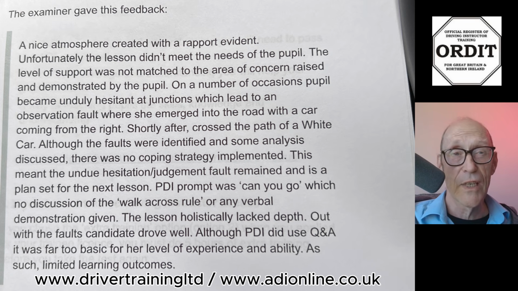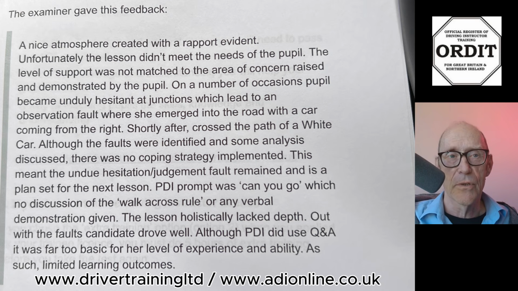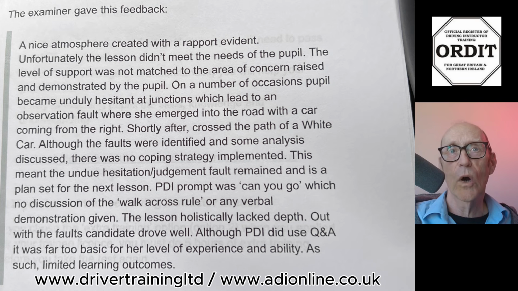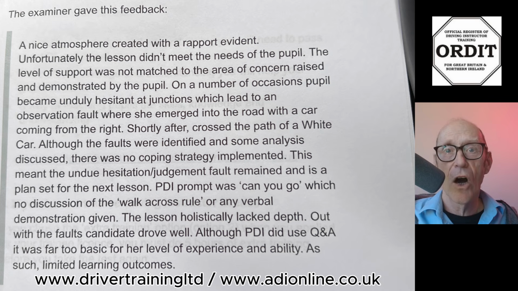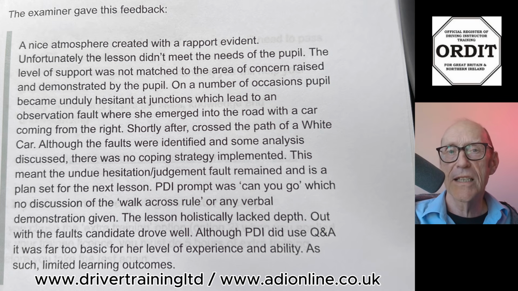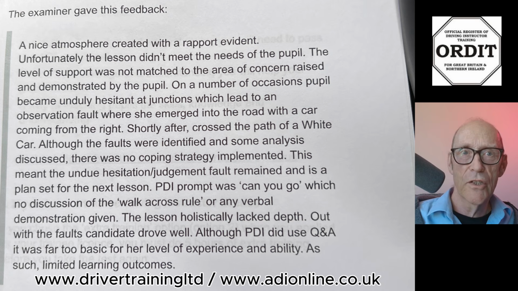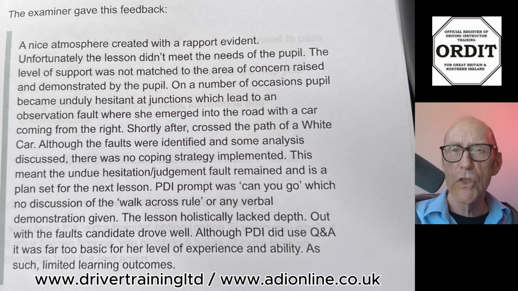Oh, it could cause an accident or cause them to slow down. Whose fault would that be? Great. Interestingly, it then says there was no coping strategy. Now, this is the DVSA buzzword that they like to use. In other words, it means there was no answer. There was no way that the pupil could cope with it on their own. How do I cope in this situation if there's loads of traffic? We need to be able to judge a suitable gap. Do you know how we do that?